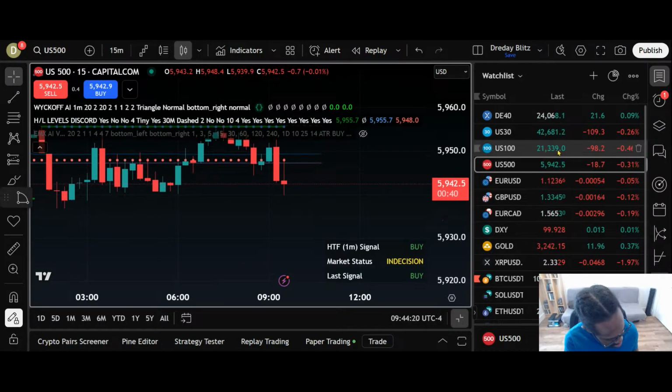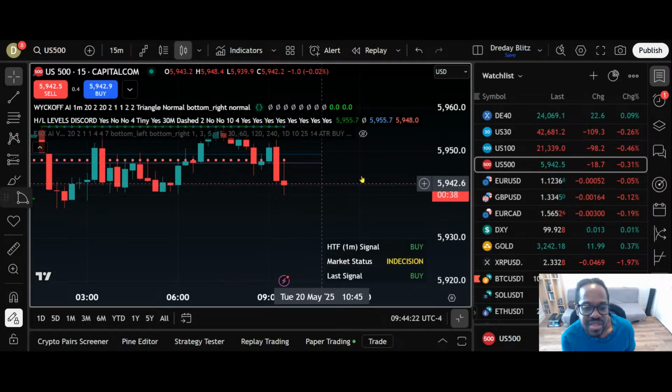We still have less than a minute left on that 50-minute candle.